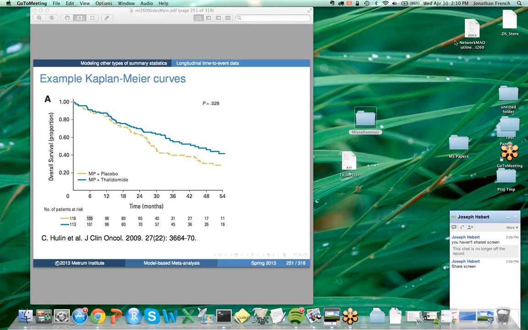What they do is they kind of shrink down that whole time to event distribution down to one summary measure, the log hazard ratio, or a median survival time, or a survival fraction at a particular time point. And so in that regard, we're missing out on some information that's in the data that are available to us.